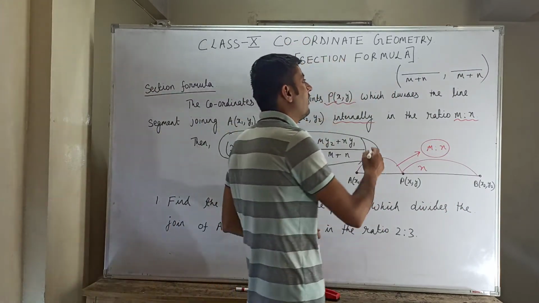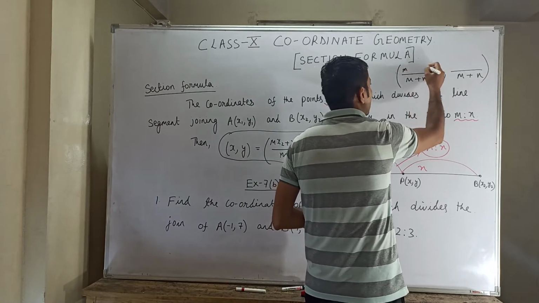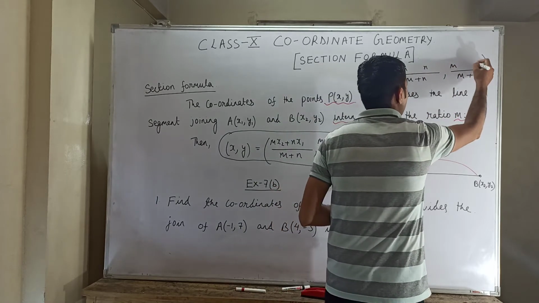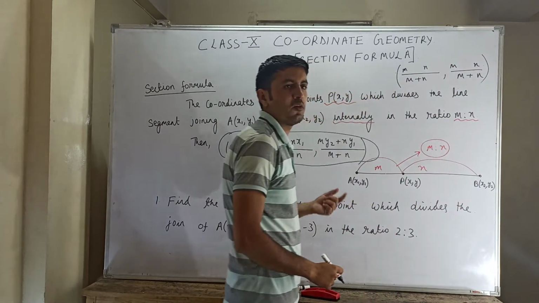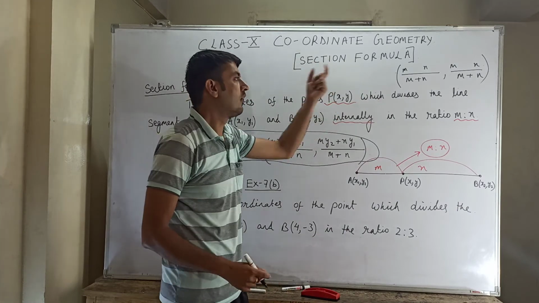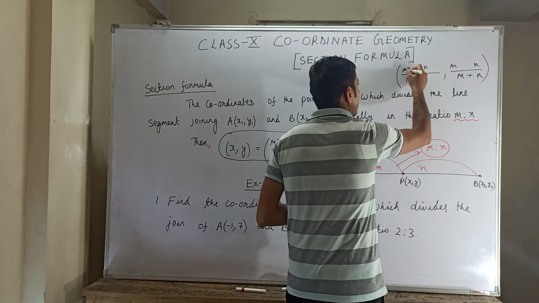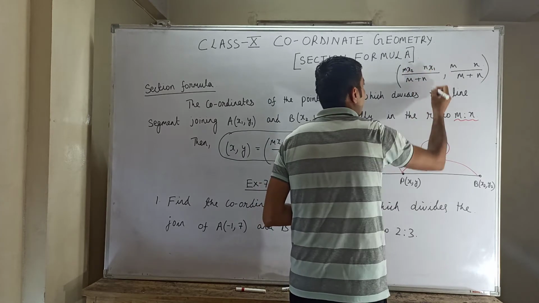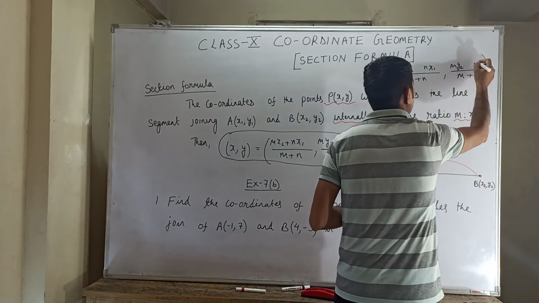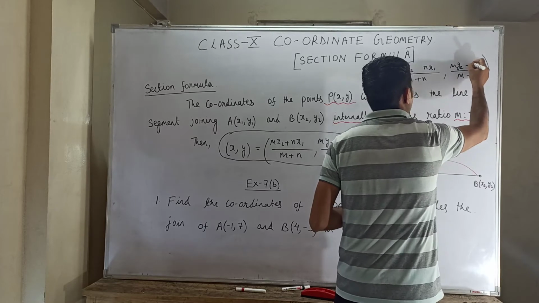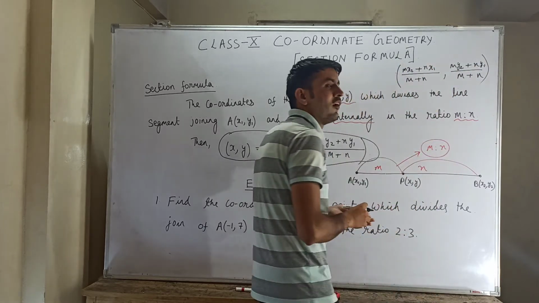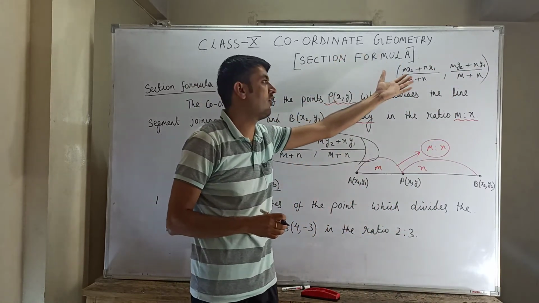What about your numerator? You write down m, n, m, n. Now, whenever you write down the first component, here you put x2, then here x1, then here it will be y2, here it will be y1, then you put the addition symbol.